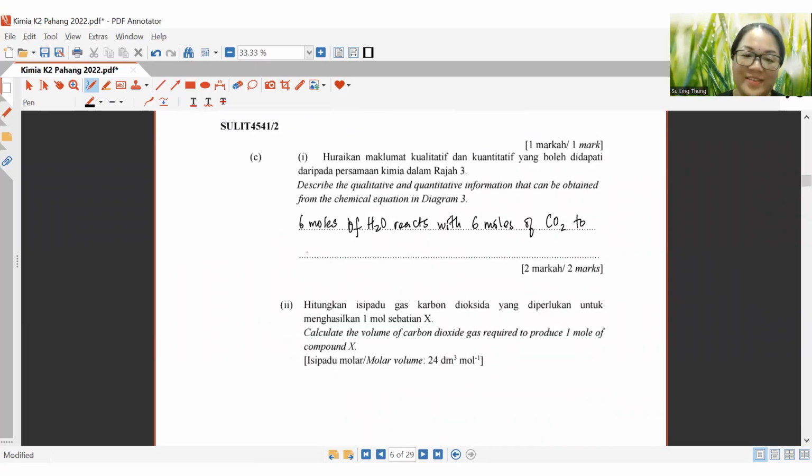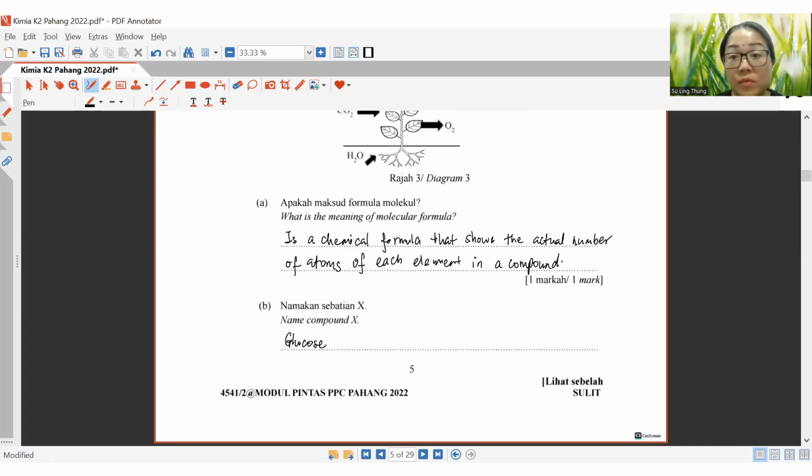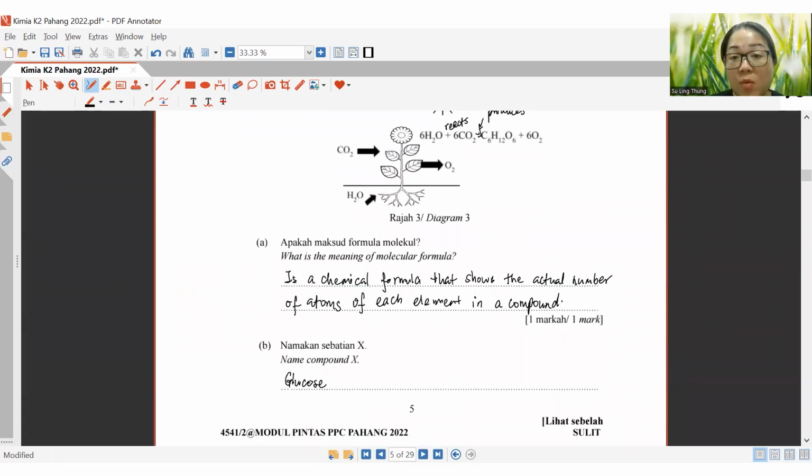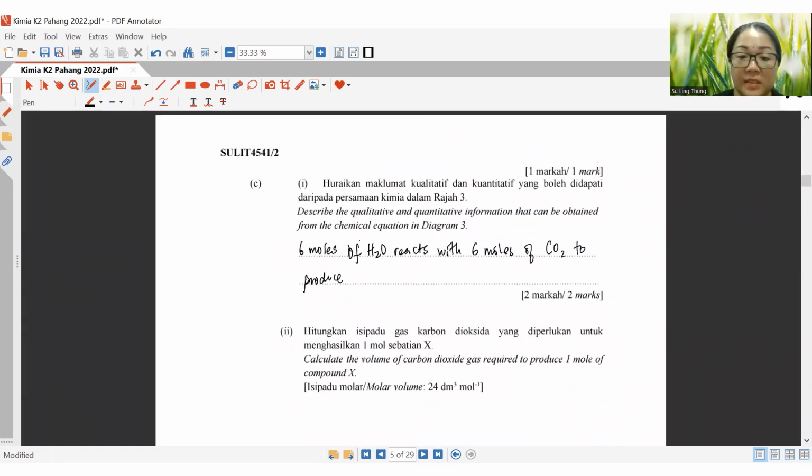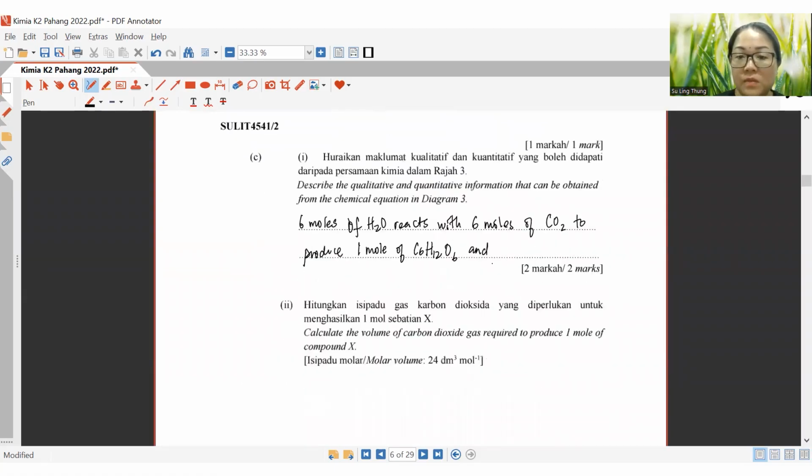to produce 1 mole of C6H12O6 and 6 moles of O2.